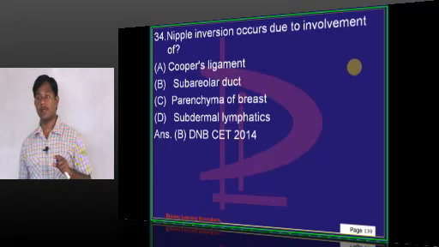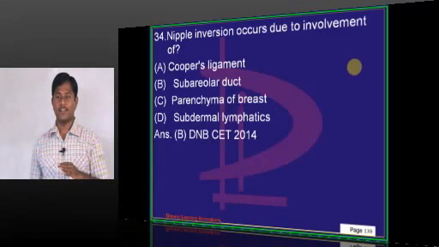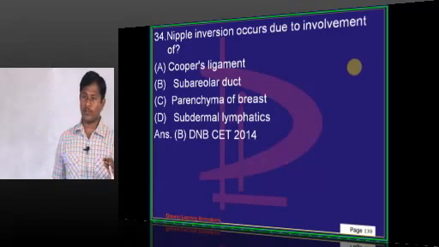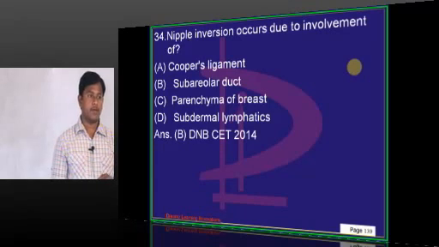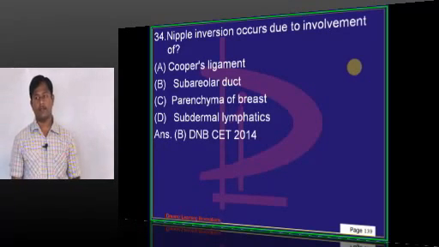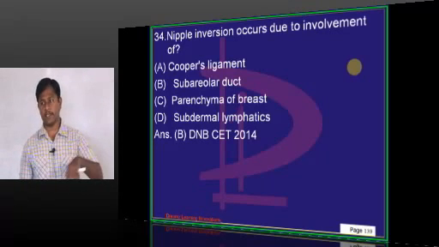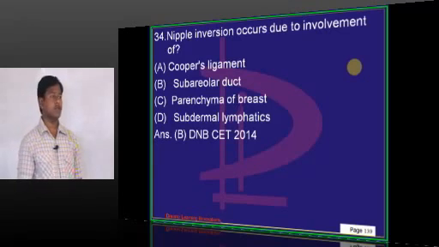Don't give preference to big things. Big things come only late. The most common cause is physiological. Very good. Majority of the time it is physiological and it will revert back to normal. Nothing needs to be done.